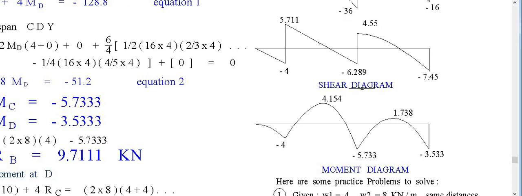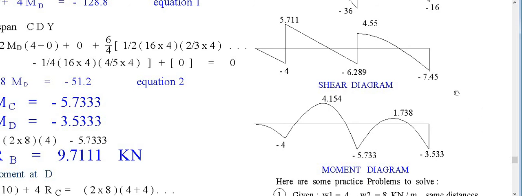This is the shear diagram given that 3 forces, 7.45 is RD. Okay, and moment diagram will look like this. Parabolic here, while here 3rd degree. Okay, this topic, the discussion of this is under the strength of material. So I will not discuss this in detail.